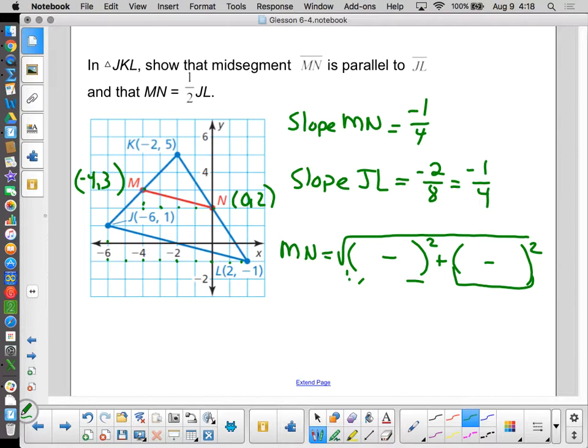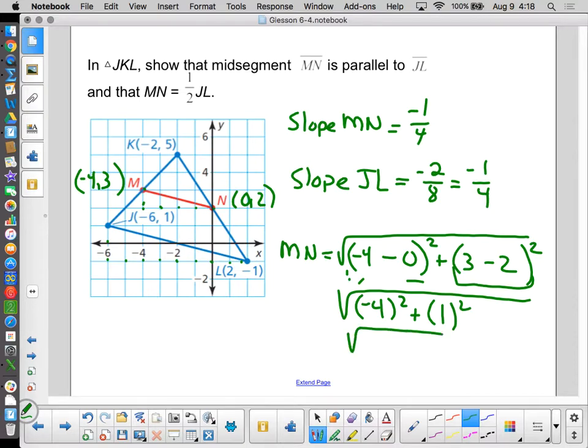Watch it. So MN, M is at -4, 3, N is at 0, 2. So -4 squared plus 1 squared. The 4 and the 1. Guess what happens when I square them? I get a 16 and a 1, or the square root of 17.